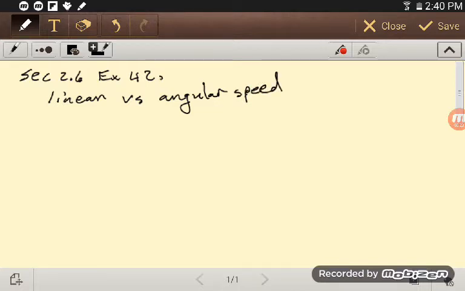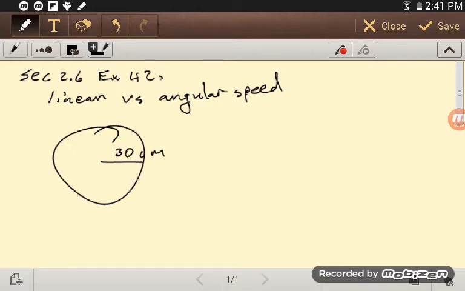And so they start with a wheel of radius 30 centimeters. So that's 30 centimeters. It revolves at a rate of 10 revolutions per second.